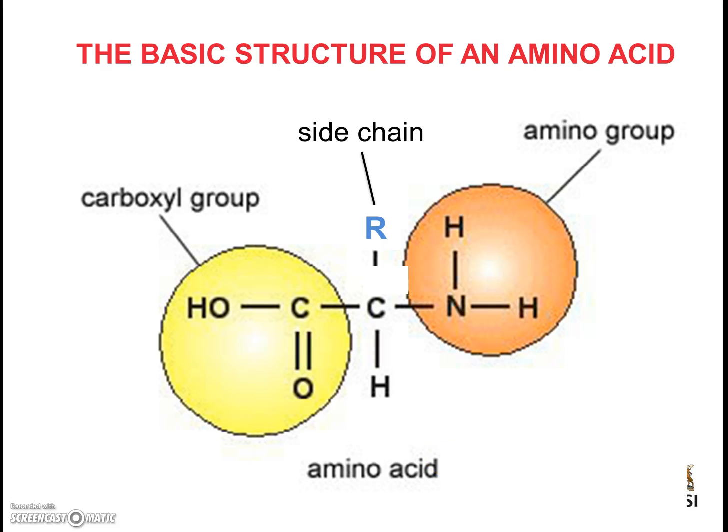So we see here on slide 5 the basic structure of an amino acid. All amino acids have this particular structure in that each amino acid has a carboxyl group and an amino group. So the amino group is our NH2, so nitrogen and 2 hydrogens, and this is our carboxyl group here.